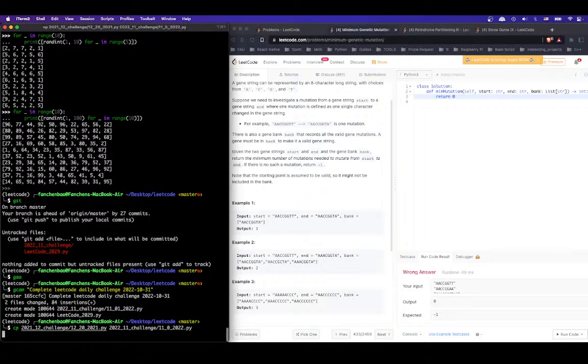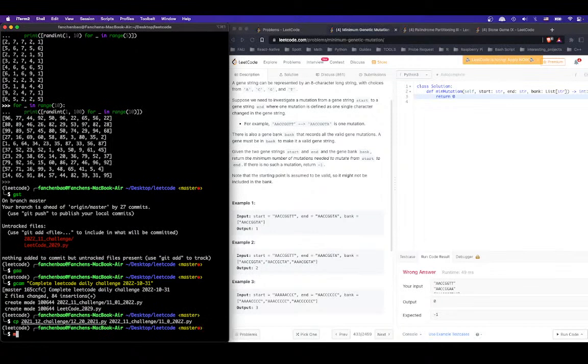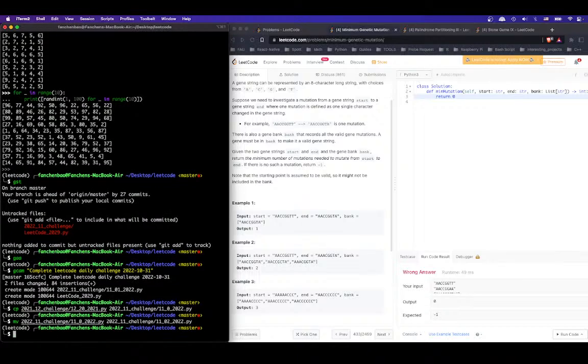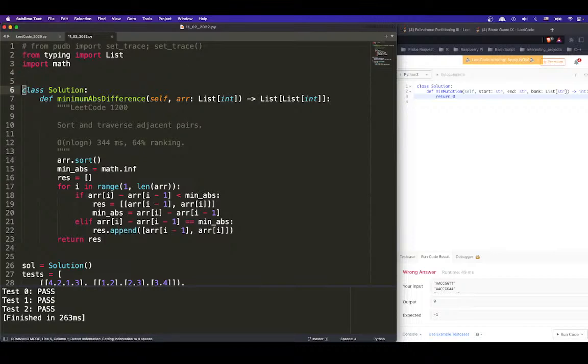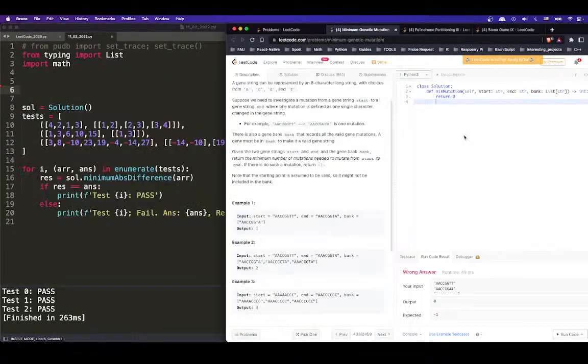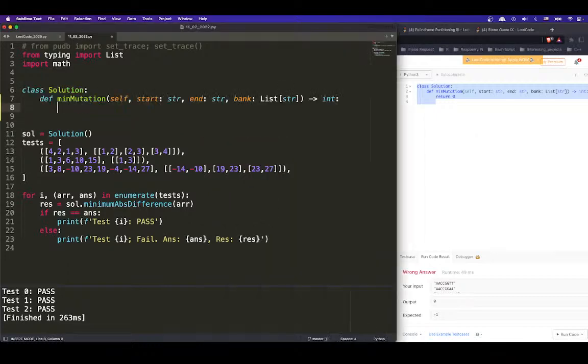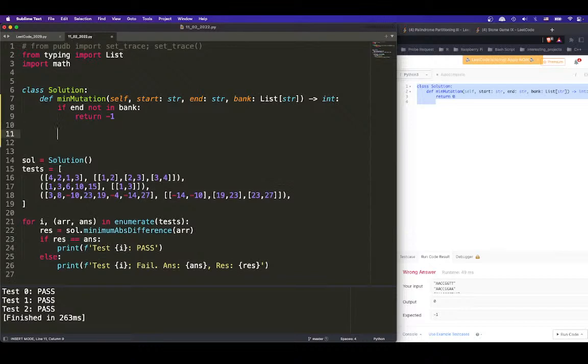Is the same as the other one. If end not in bank, return -1. Okay.